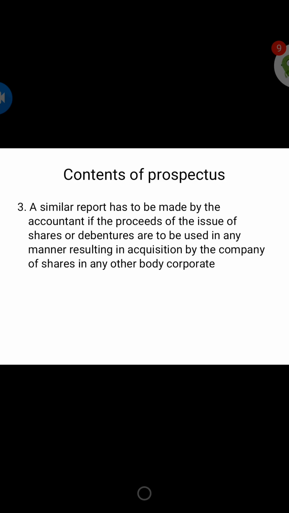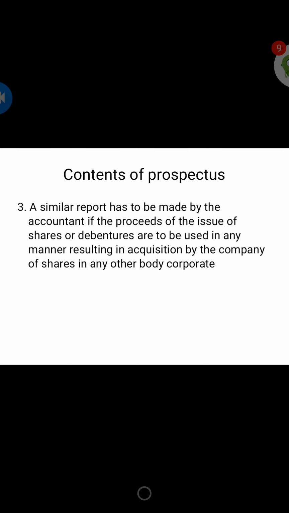Then the next: a similar report has to be made by the accountant if the proceeds of an issue of shares and debentures are to be used in any manner resulting in the acquisition by the company of shares in any other body corporate.